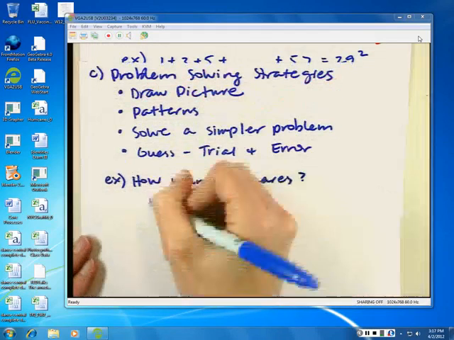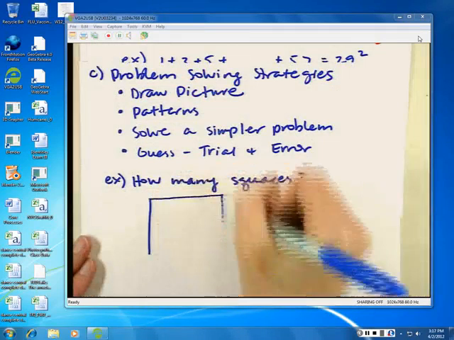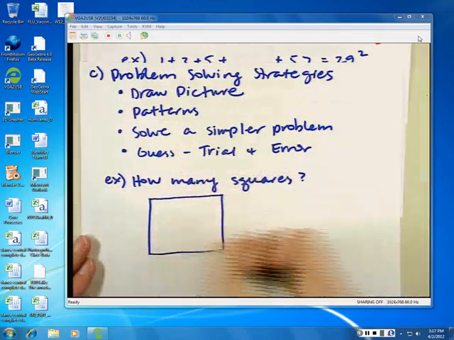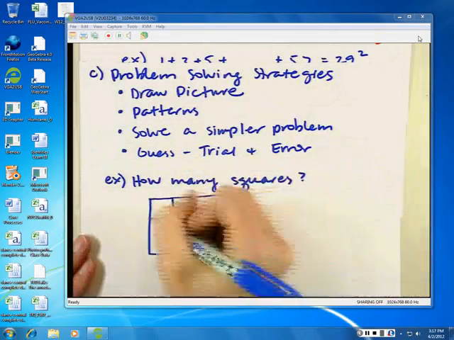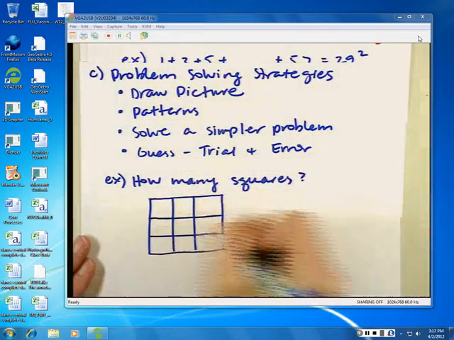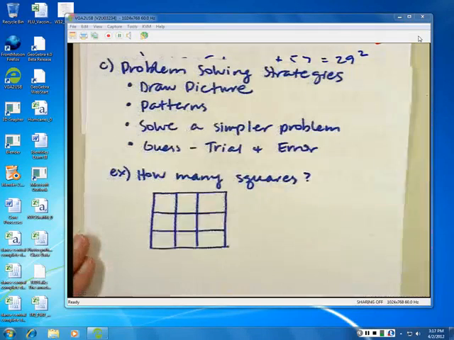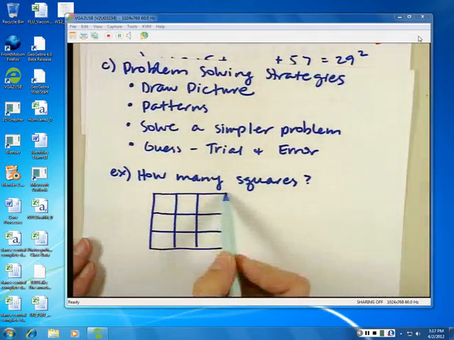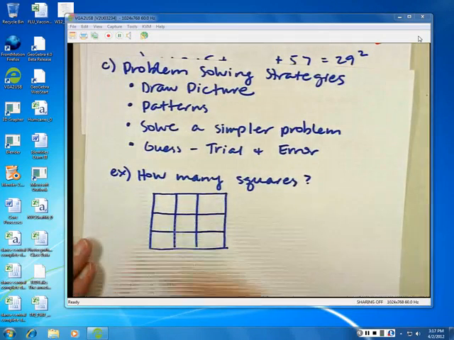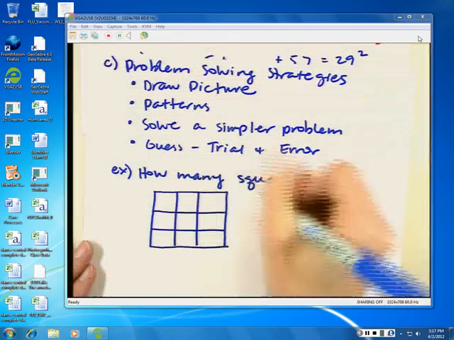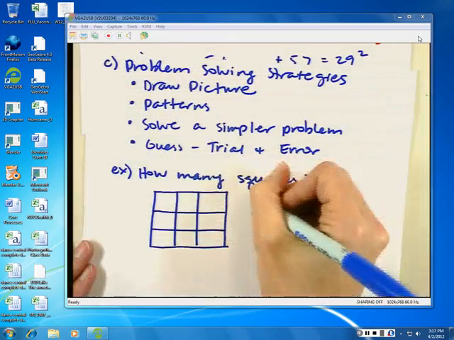It is a square, and the square is divided up into 3 columns and 3 rows. So I could just start guessing. A square is any figure that has the same length and width. So I could just start guessing and listing them out, but instead I'm going to organize myself. I notice that I've got 3 different sizes.